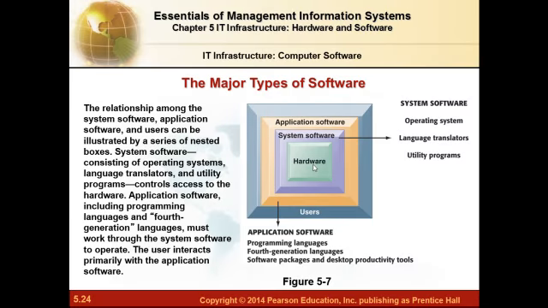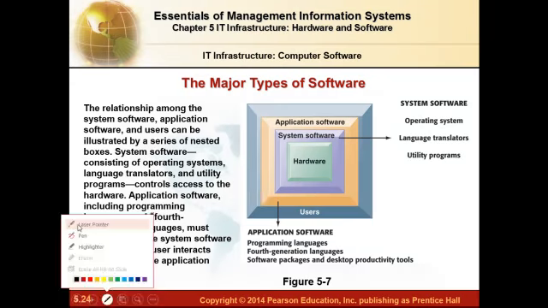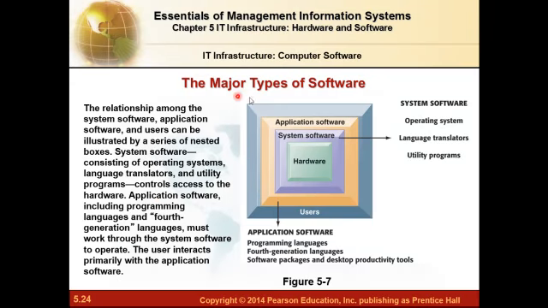The second part of this chapter is about computer software. So the major types of software: there are relationships among hardware, system software, application software and also user.